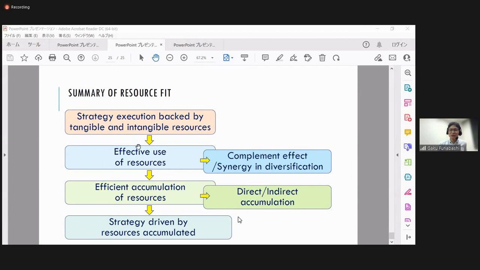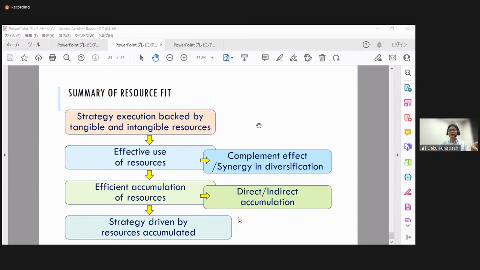And when you think about the effective use of resources, I showed some examples. For example, complement effect. Do you remember? The restaurant with a long queue, that long queue of people attracts more customers. Sorry, that is not a complement effect.